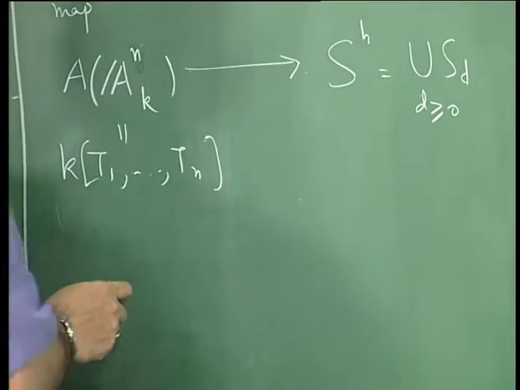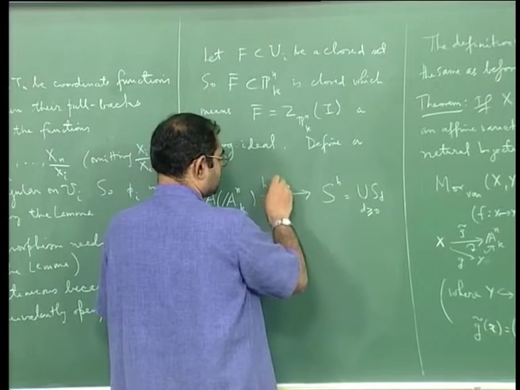And what is this map? This map here is homogenization.